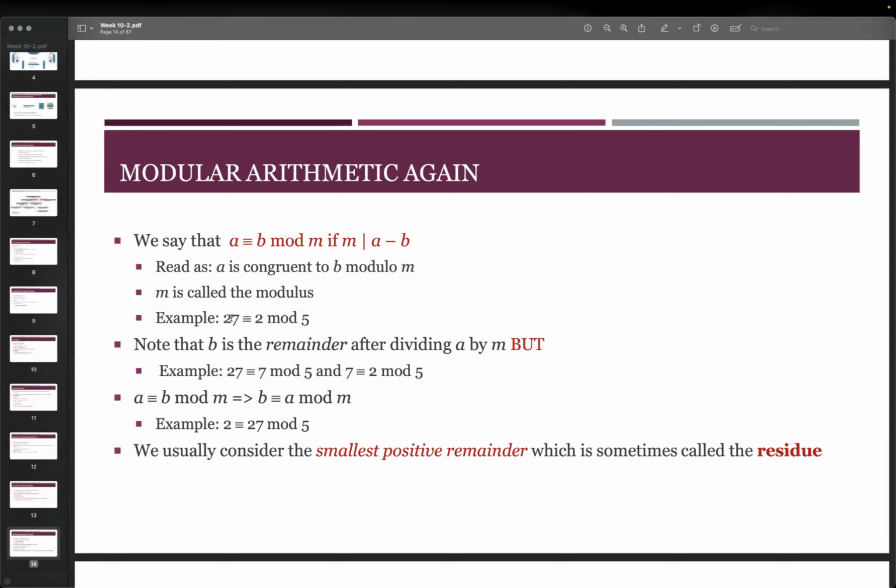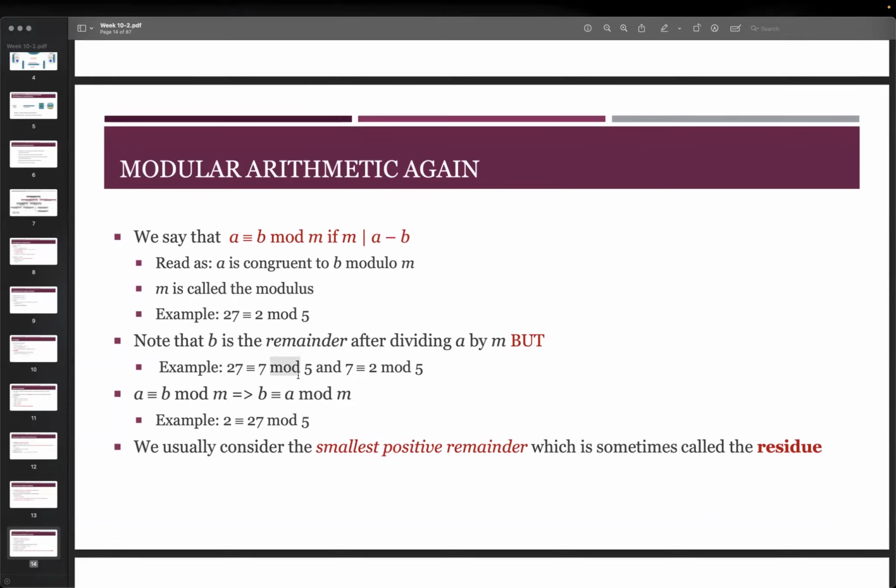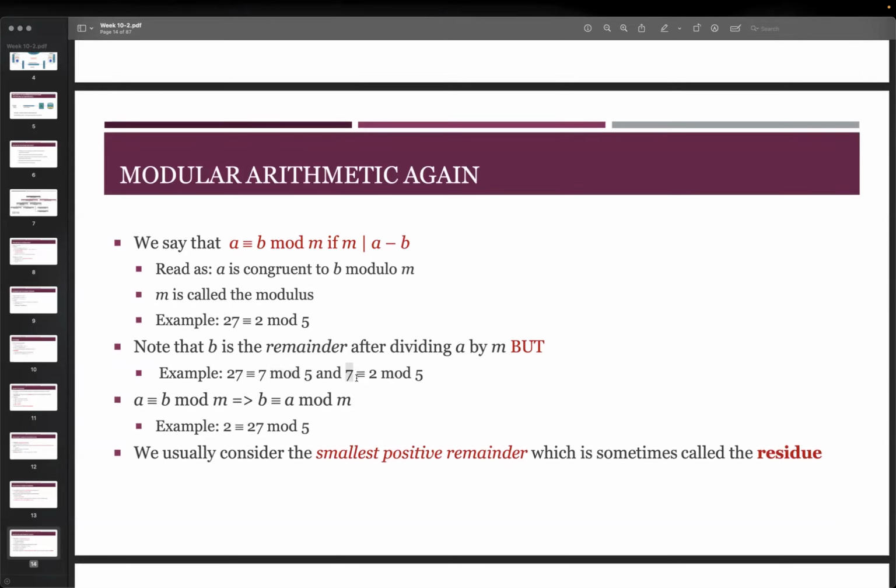So right here, 27 is congruent to 2 mod 5. Okay, so B will be the remainder after dividing A by M. But one thing, okay, right here, let's say 27, 7 mod 5, or 7 right here, is 2 mod 5.